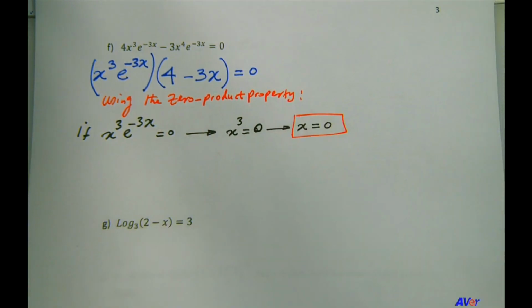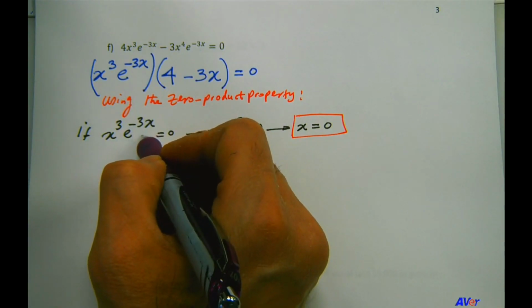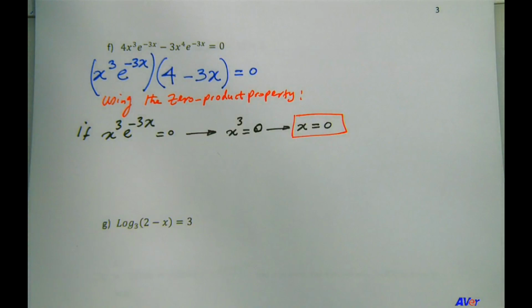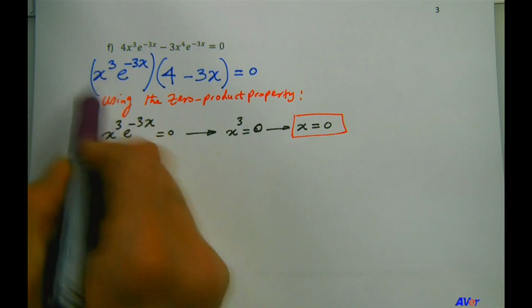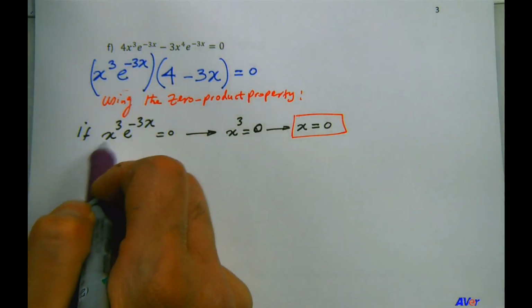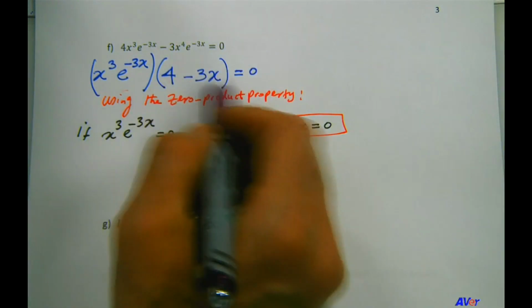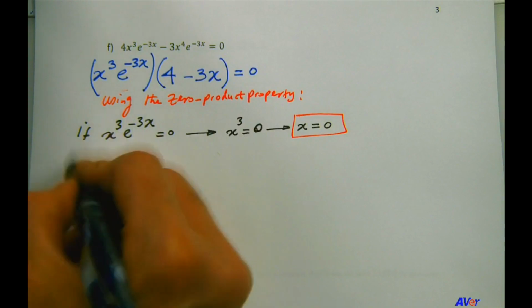Right there. Again, this e to the negative 3x power, depending on the value of x, can get very, very close to 0, but it will never be exactly 0. So the only way that this parenthesis can be exactly 0 is when x is equal to 0. So when is the second parenthesis equal to 0?